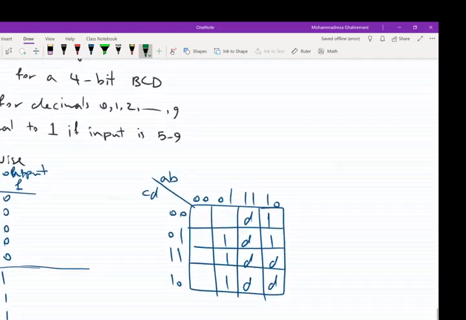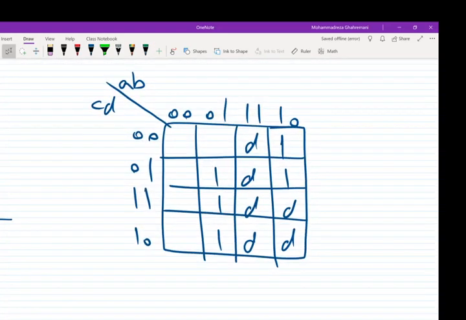Okay, so now that we have everything ready and put in the table, we need to group the cells to simplify the function. The largest group of 1s, let's first consider this group. So let's consider these ones and don't cares as a single group. Okay, 8 cells, 2 to the power of 3.